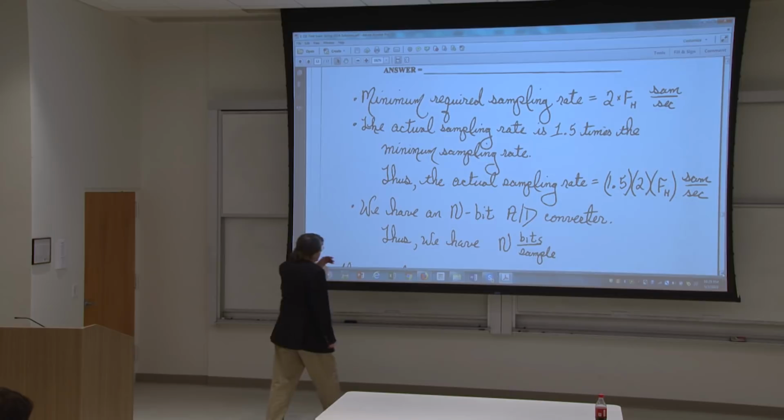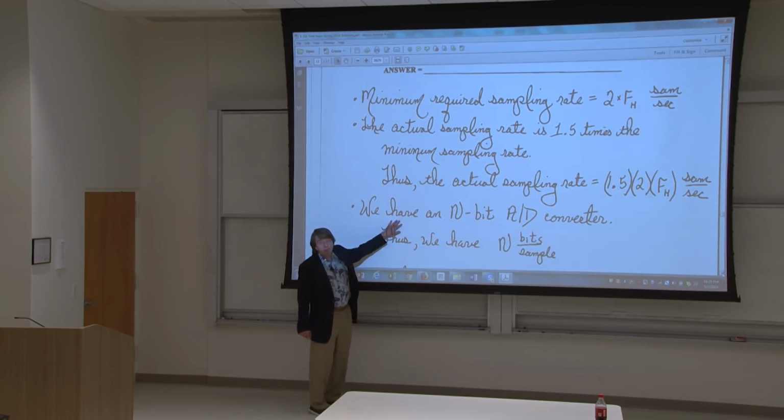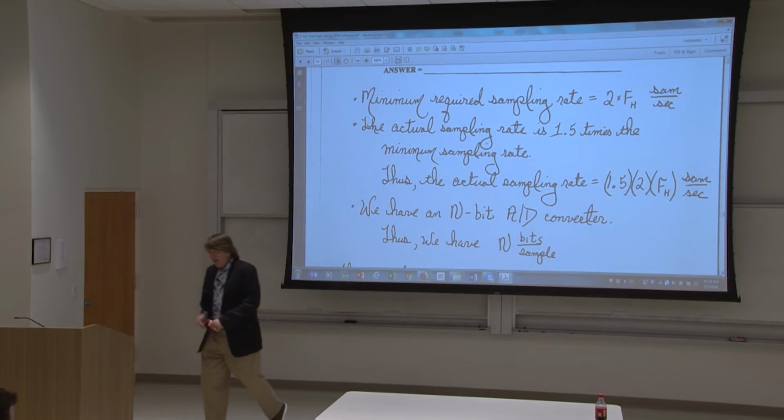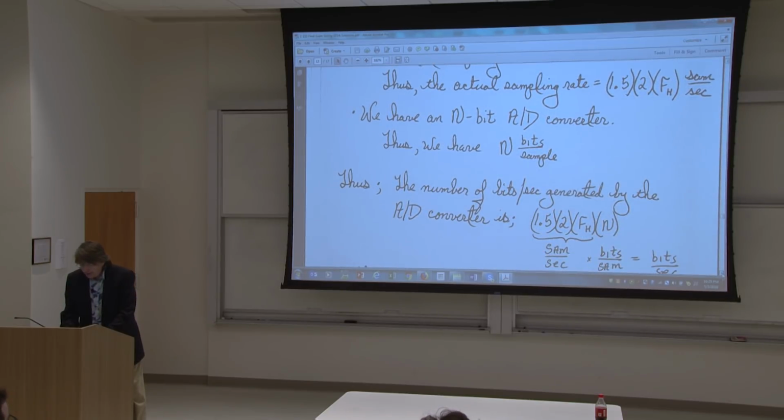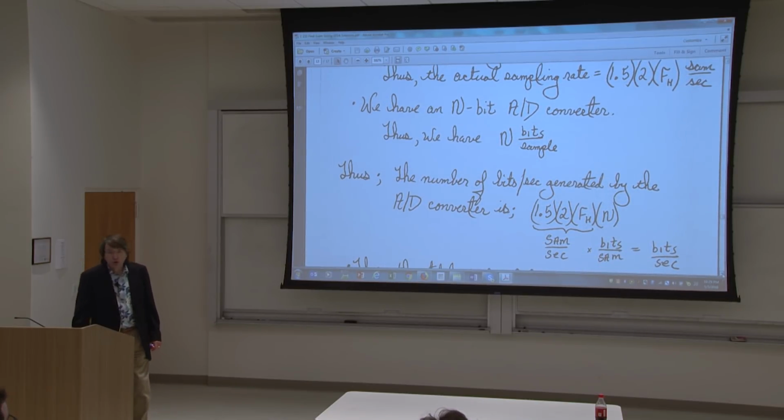Now, next thing. We have an n-bit A to D converter. Each sample is converted to n bits. So I say, okay, we then have n bits per sample. Matt, I see you nodding your head. You know where I'm going with this. You then multiply those two quantities.